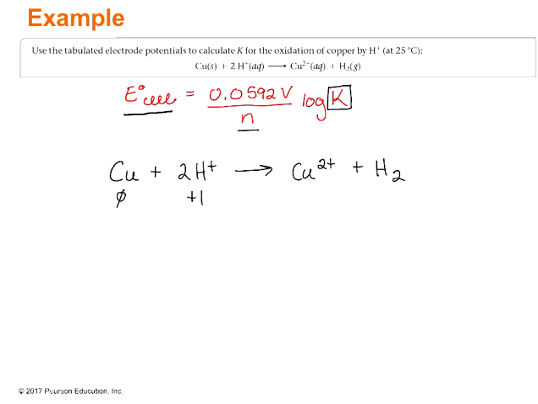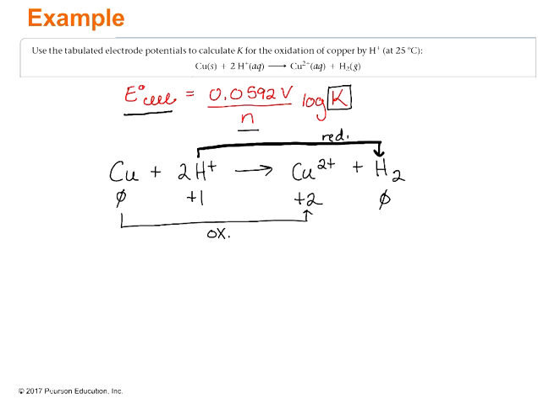Our copper ions have a charge of 2+, so our oxidation number is +2. And hydrogen gas has an oxidation number of 0. So copper, it looks like, is losing electrons. So that's oxidation. And then hydrogen is gaining electrons. So that's reduction.